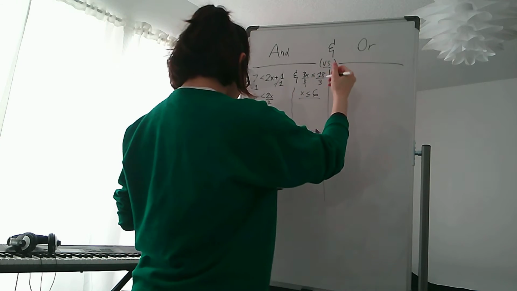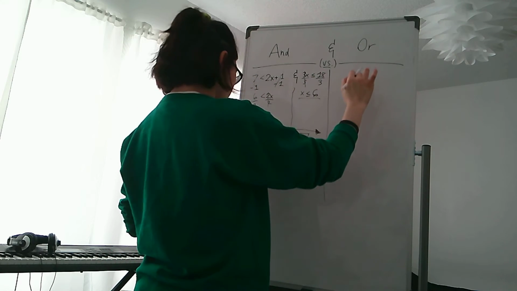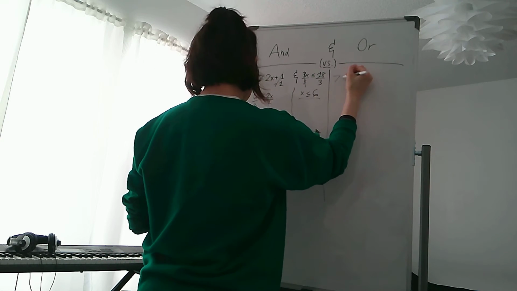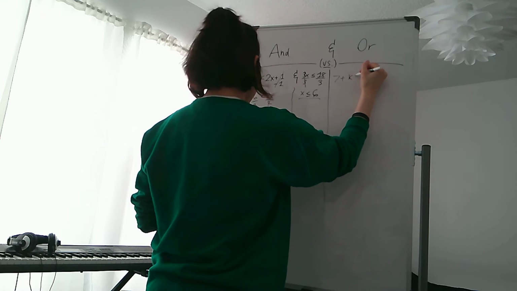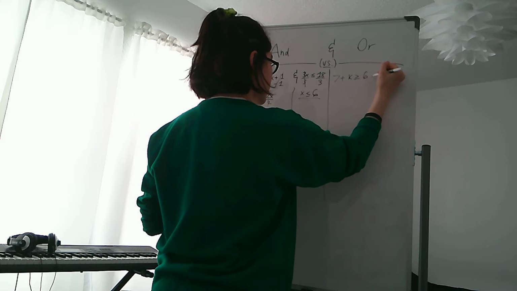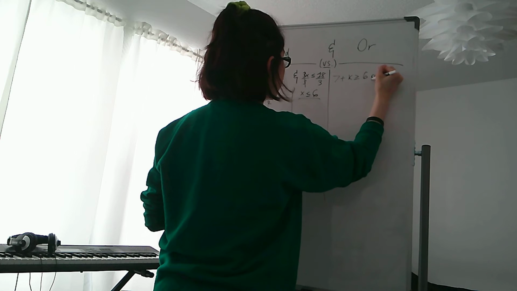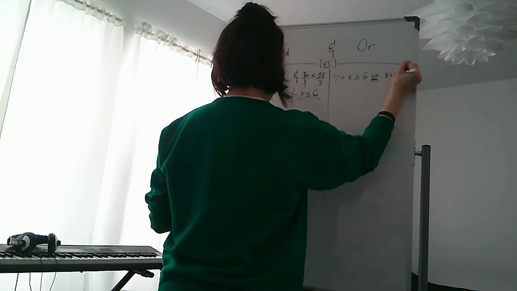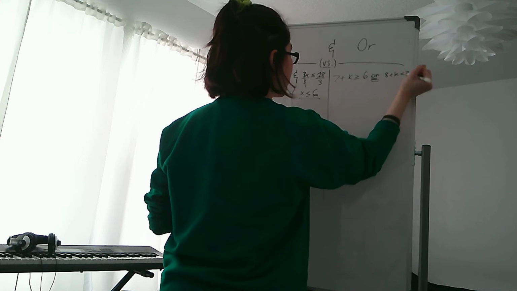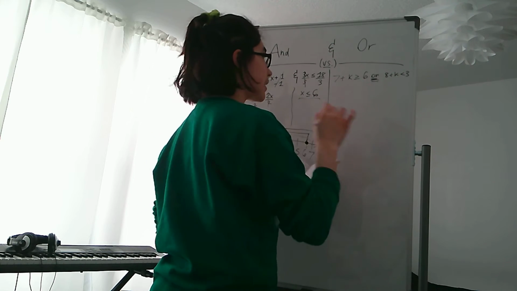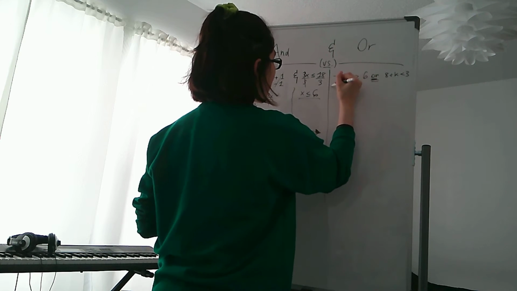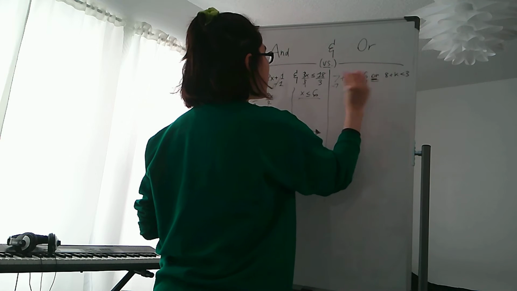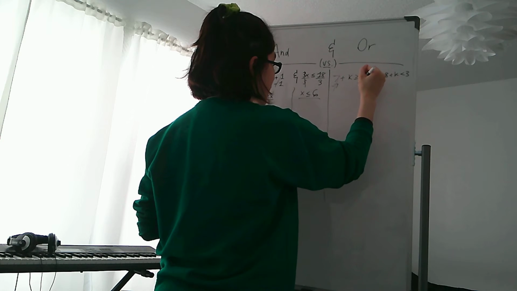Now let's take a look at another example with an or inequality. So let's say I've got 7 plus k is greater than or equal to 6, or 8 plus k is less than 3. Now I'm just going to simplify as usual. Over here, I'm going to subtract 7 from both sides to isolate k.